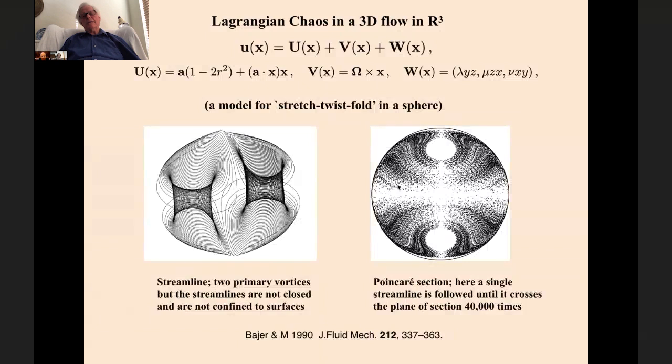And when the Poincaré section is done through a section of the diametral plane of the sphere, and the streamline is followed a large number of times, here 40,000 times, you see again the scatter of points indicative of chaos.